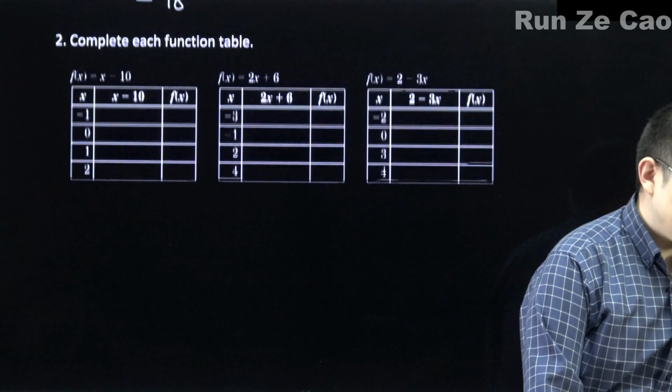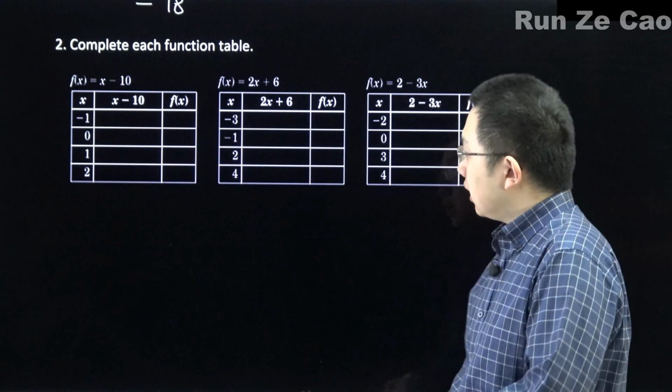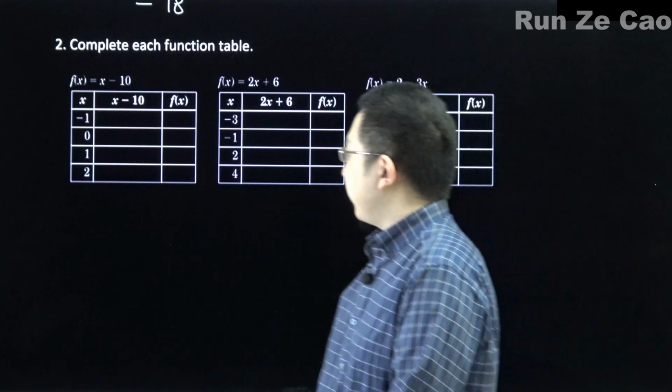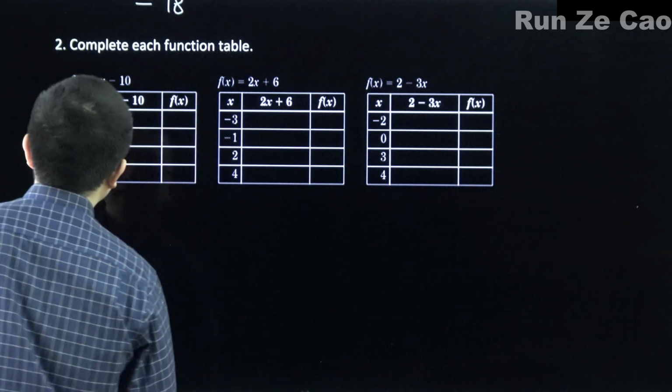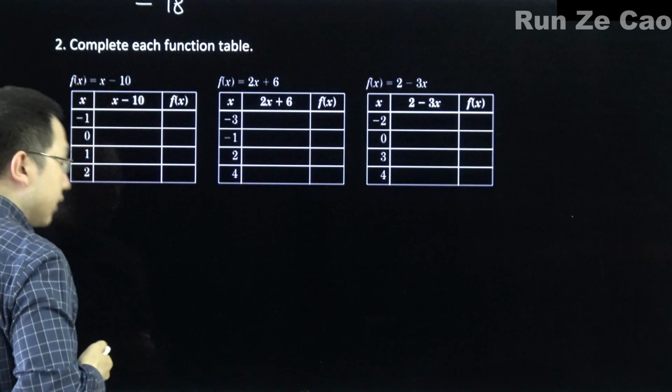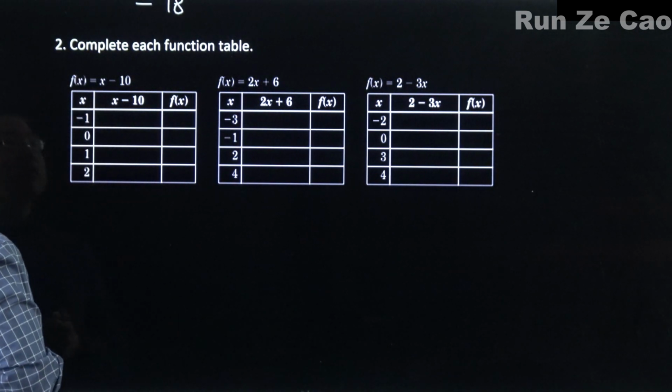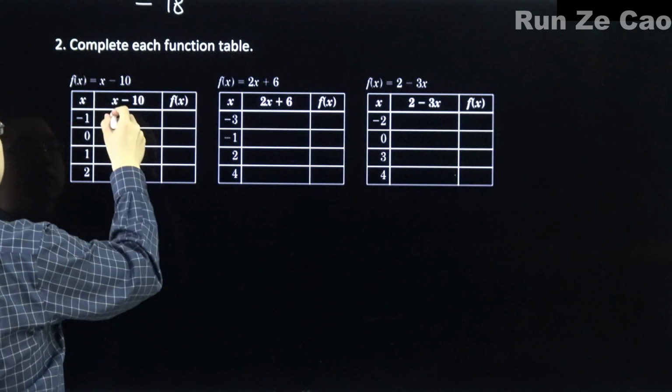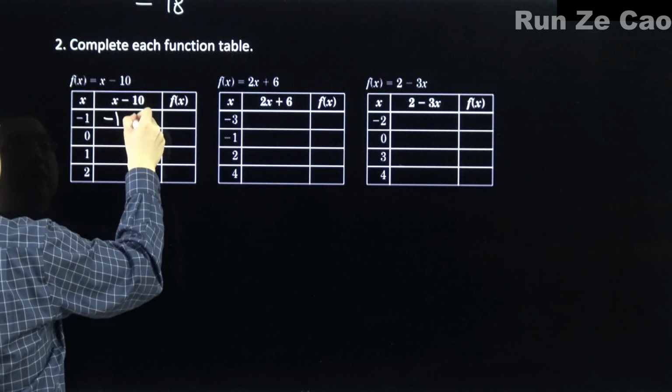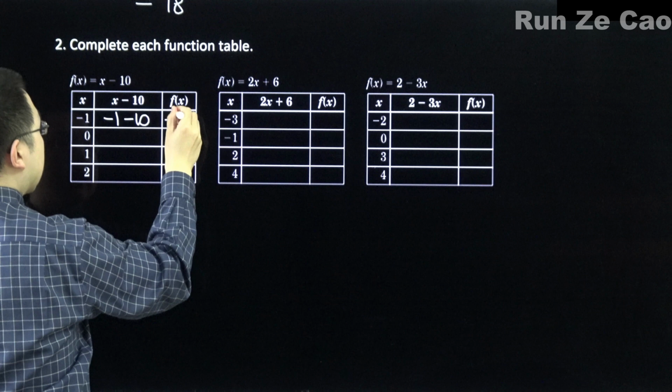Okay, let's do some function tables. Well, if we have x equals negative 1 and we apply this to f of x equals x minus 10, we would have negative 1 minus 10 here. And that would be negative 11.